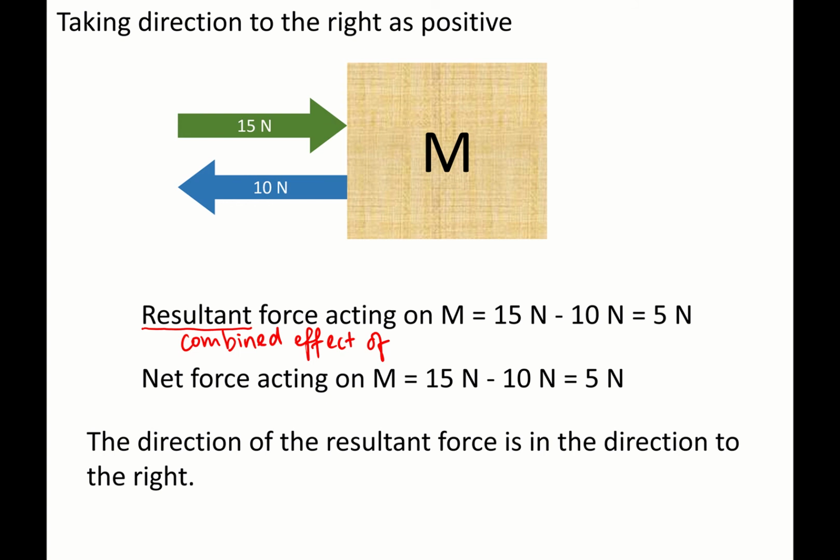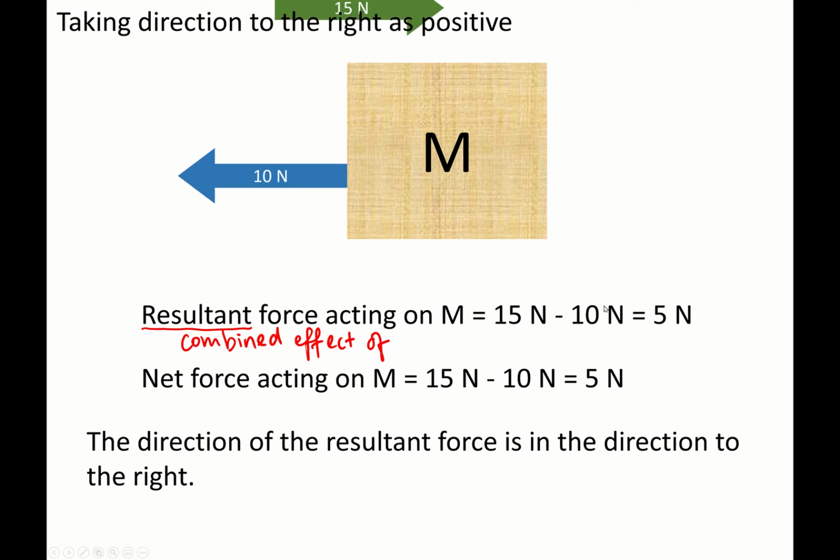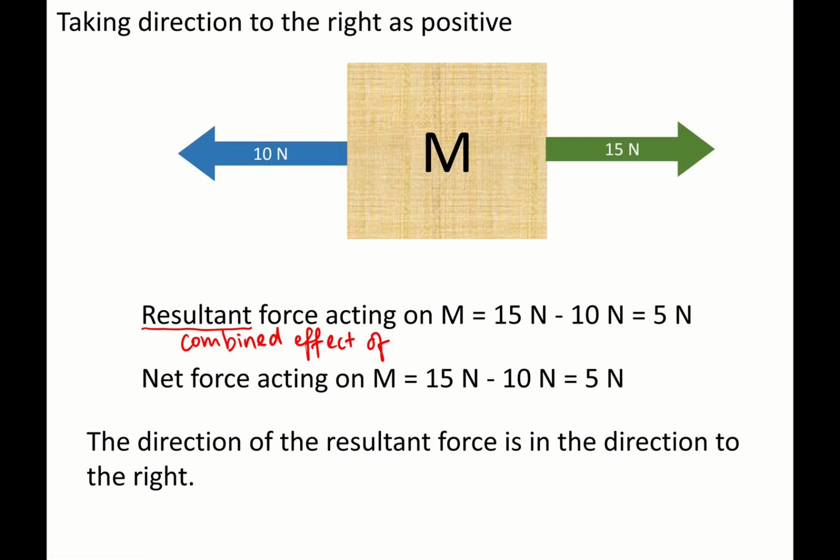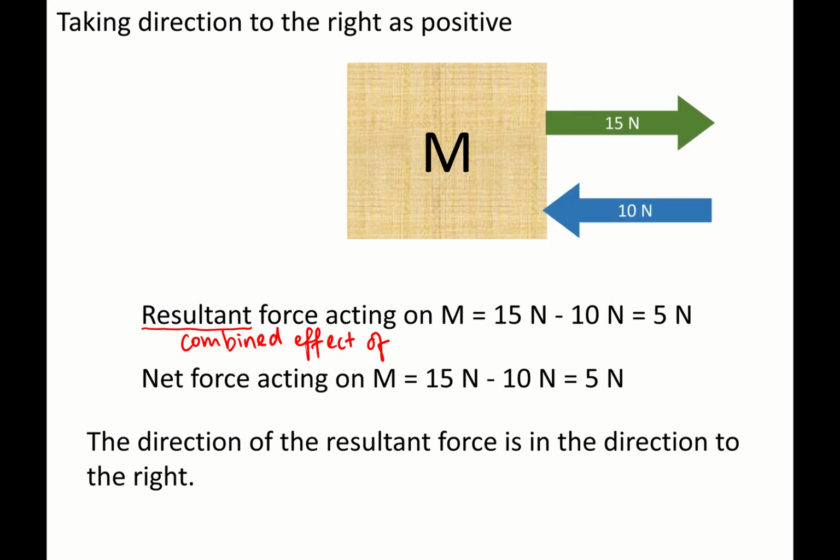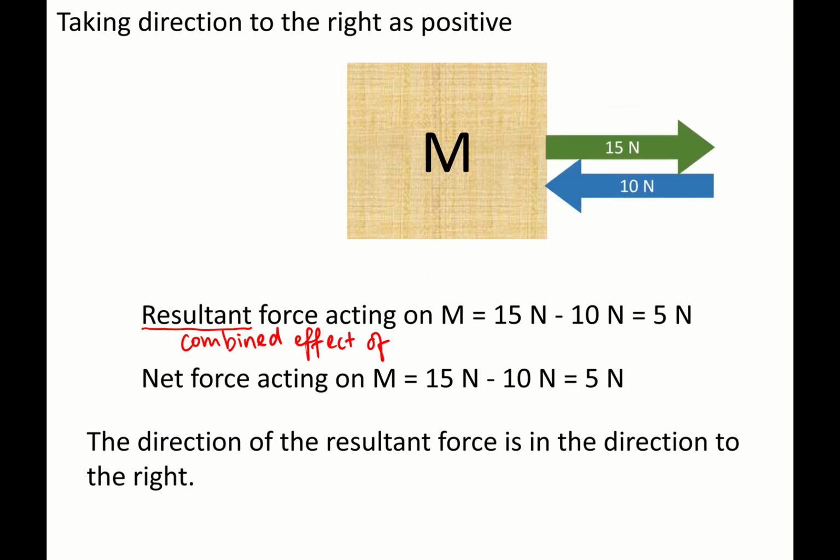Now, does it matter where the 15 newtons and the 10 newtons are placed? You just have to make sure they are acting on the mass m. This is one variation, that will lead to 15 minus 10. That's another variation, and that's another variation.